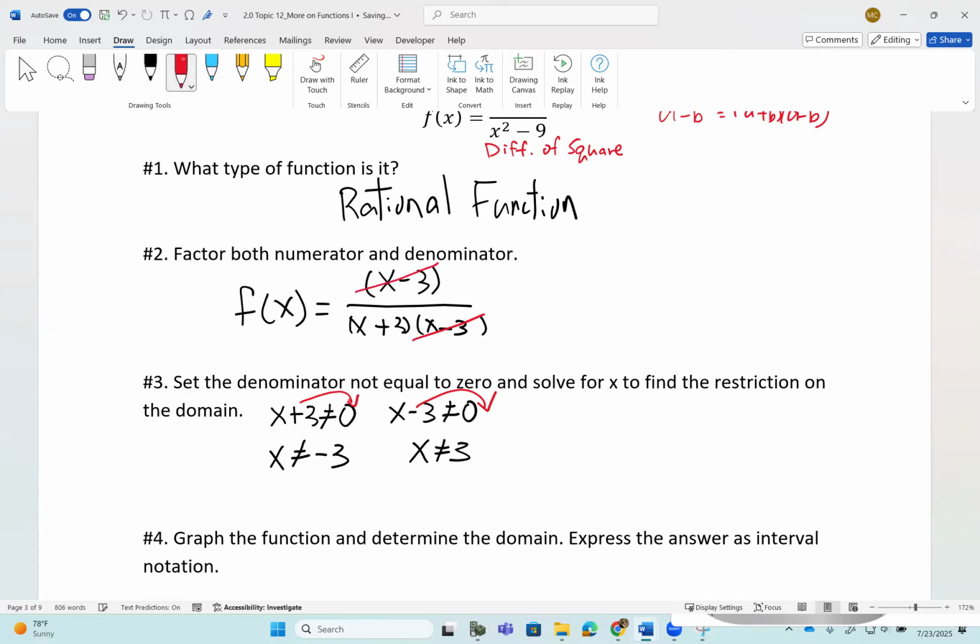So whenever factors get canceled out in a rational expression or rational function, it actually creates a hole in the graph.